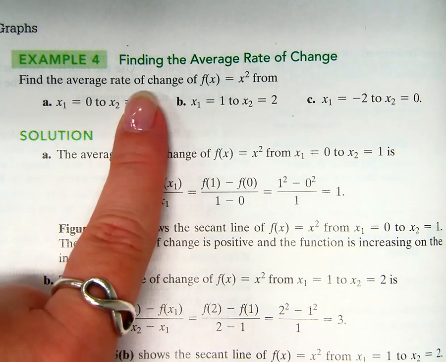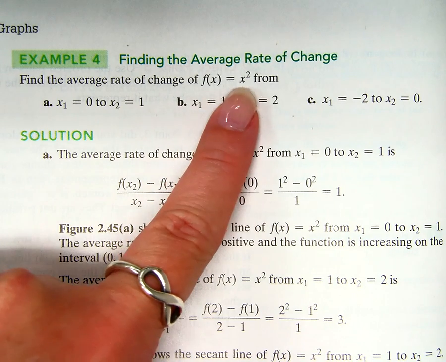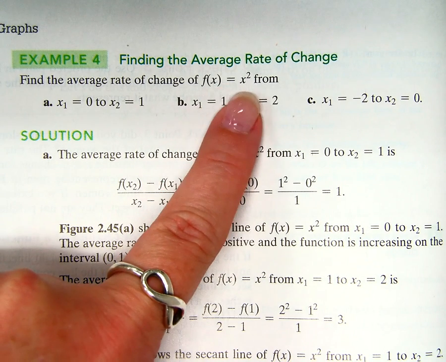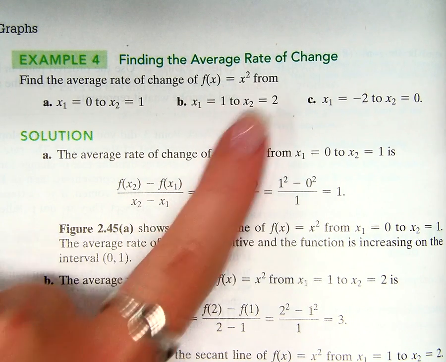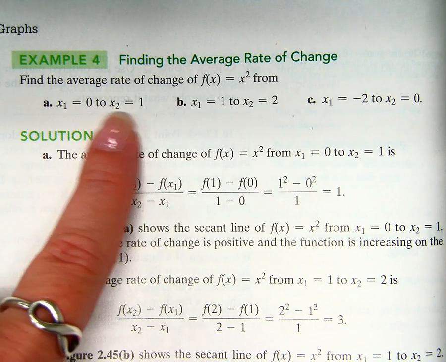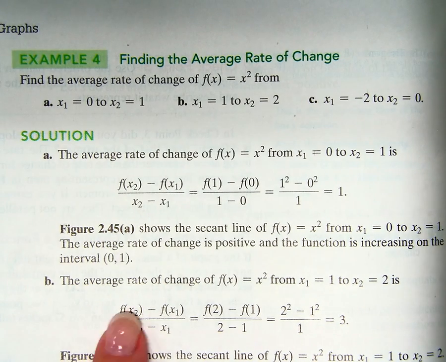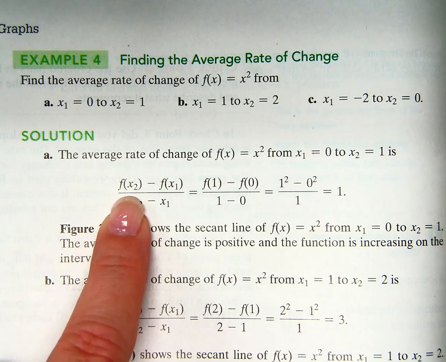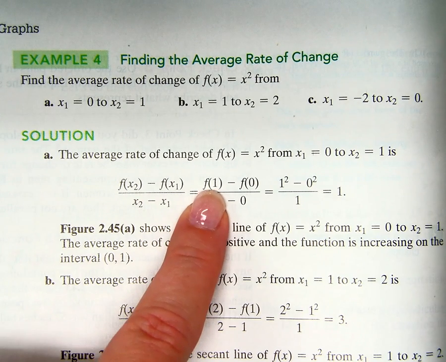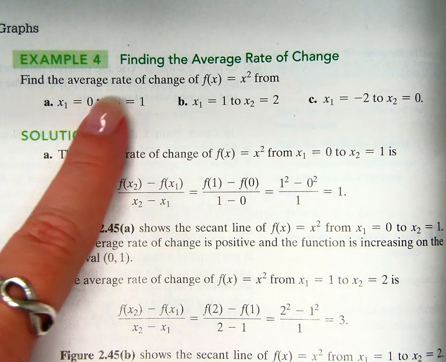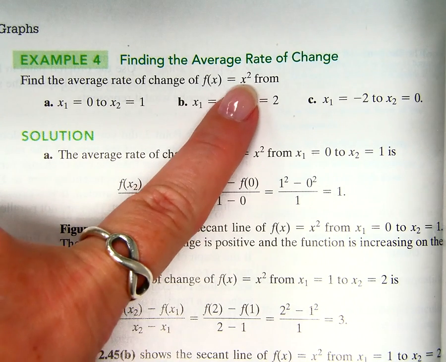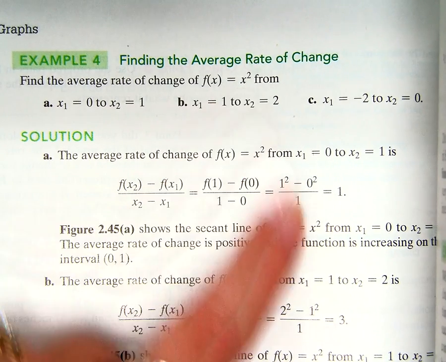Okay? For example, if it's saying find the average rate of change of a parabola, of a quadratic, from x sub 1 is 0 and x sub 2 is 1. Well, what is the function when x is 1? Well, what's 1 squared? You go back to the equation they give you. What's 1 squared? 1.